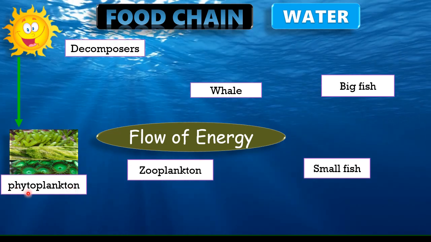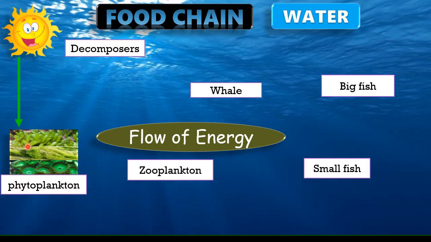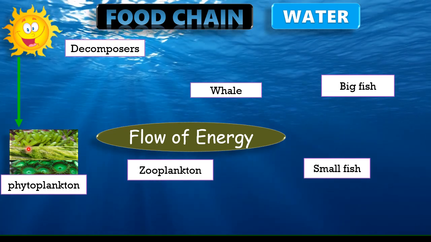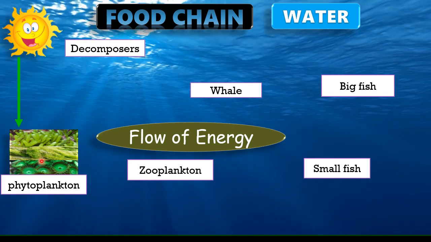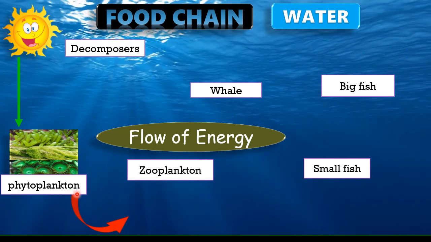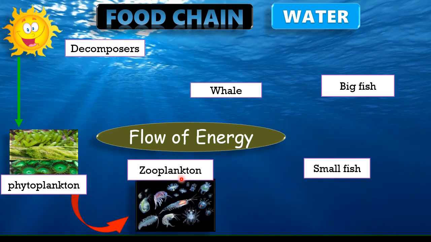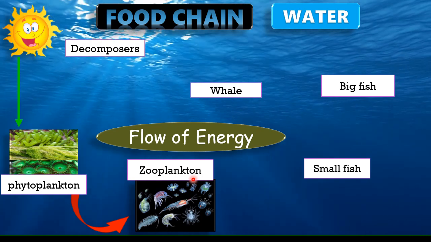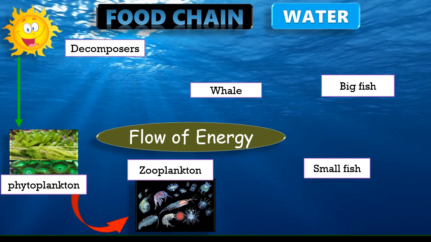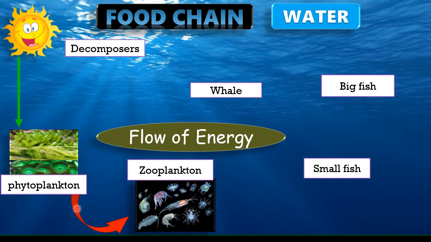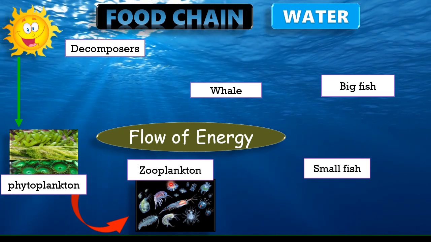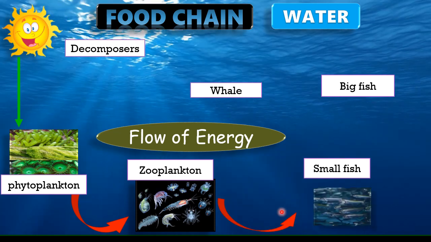So, phytoplanktons use the sun's energy directly and they make their food and store it within their body, that is in their leaves. Yes, and these phytoplanktons are eaten by zooplanktons. What are zooplanktons? These are very small sea animals. When phytoplanktons are eaten by zooplanktons, that means energy is also transferred, and these zooplanktons are eaten by small fishes.